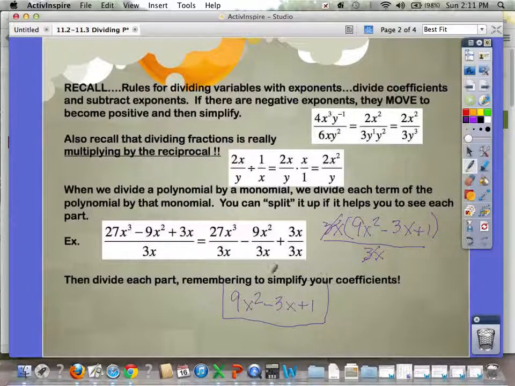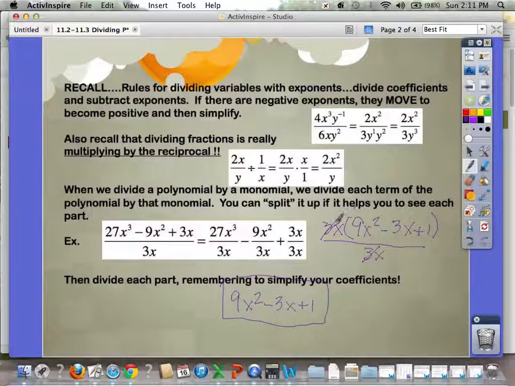Now, we're also going to be talking about domain and the domains of these rational expressions. All right. Domain, when you're talking about that, you can have any real number except for anything that will cause the bottom to be 0.